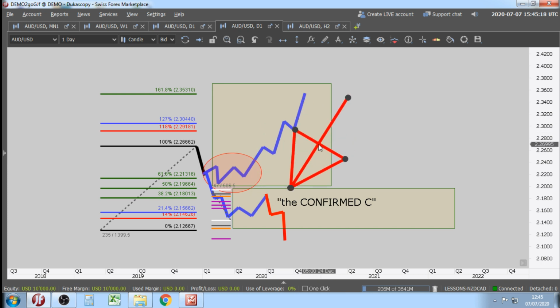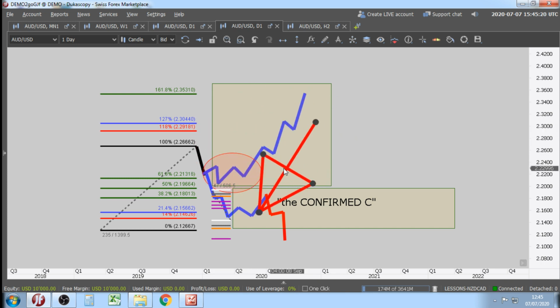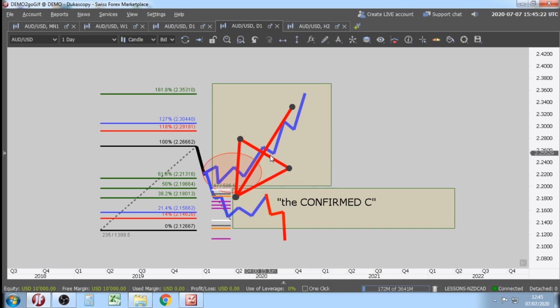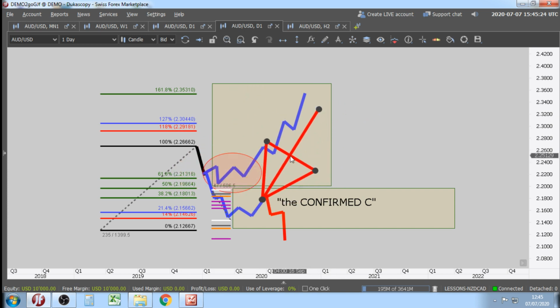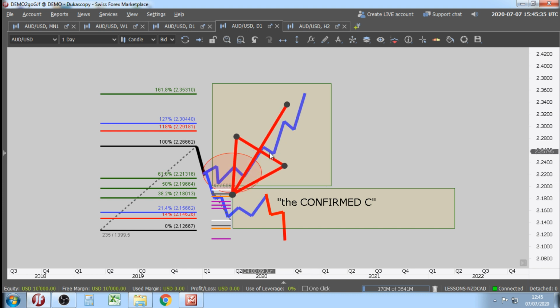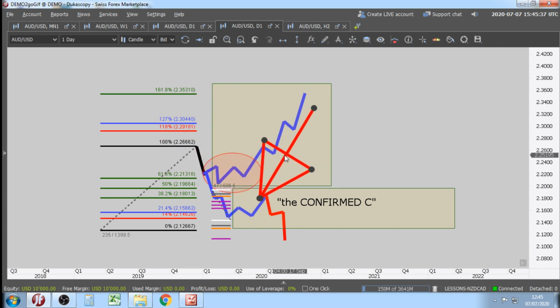Don't mix apples with bananas, everybody. When we are entering at the confirmed C, we are entering an 80% rate. So if you find an 80% rate, be happy, but be conscious that Fibonacci is still not guaranteed and you can still lose.